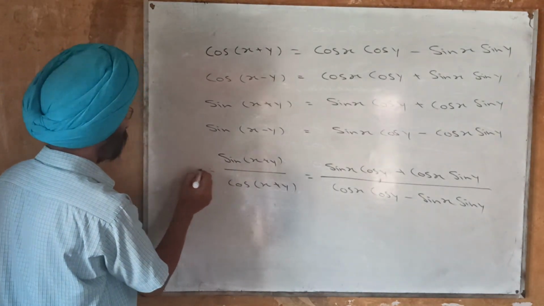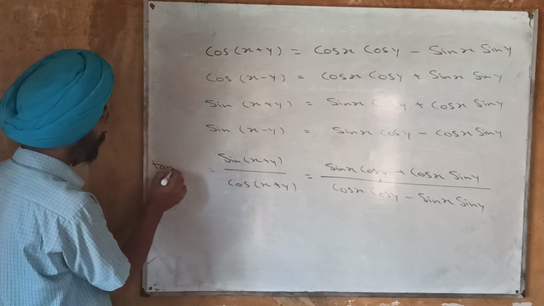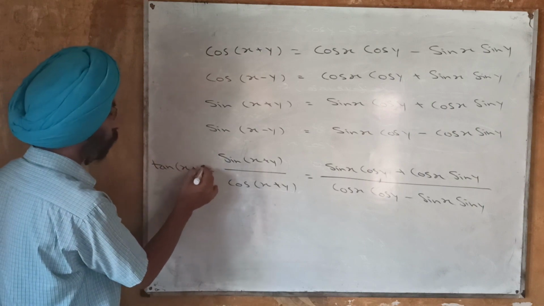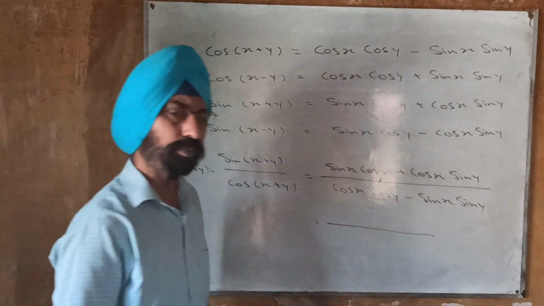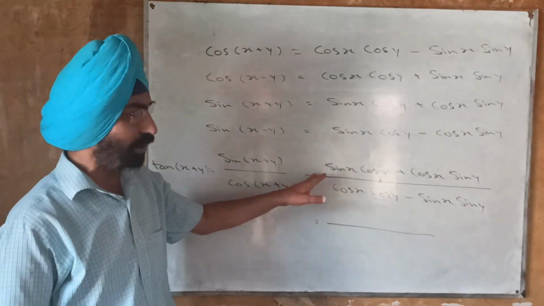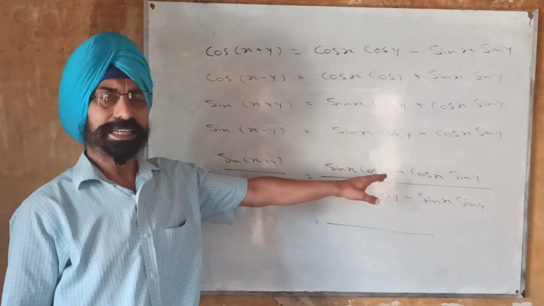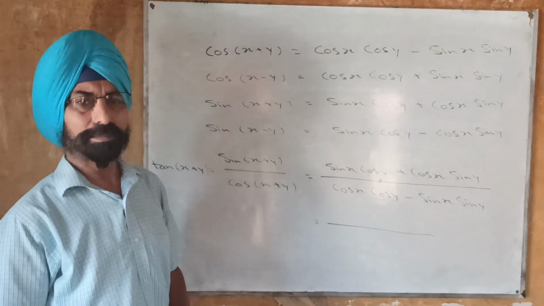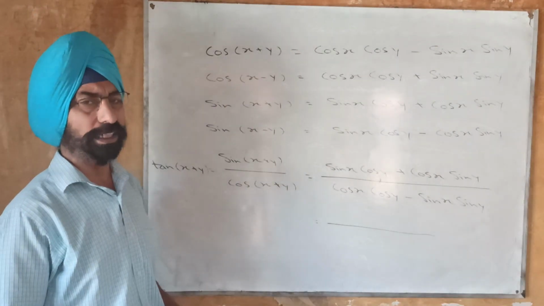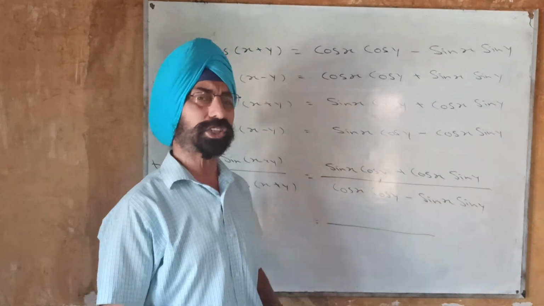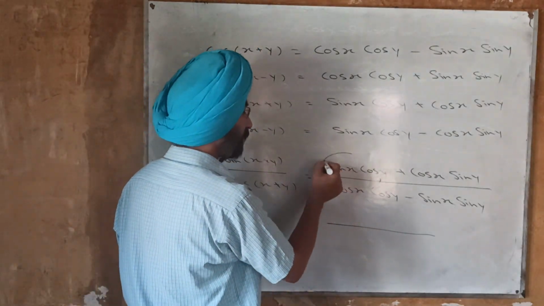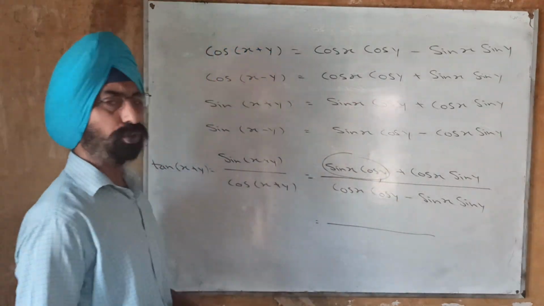So it becomes tan(x + y) equal to, now what we have to do is divide each term in the numerator and in the denominator by cos x cos y. The first term in the numerator is sin x cos y.